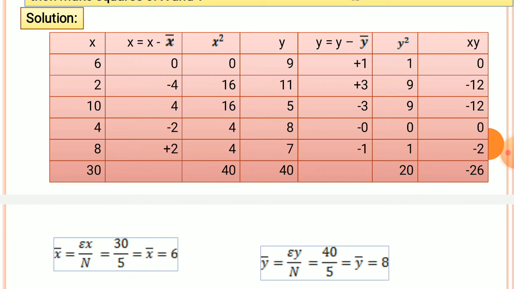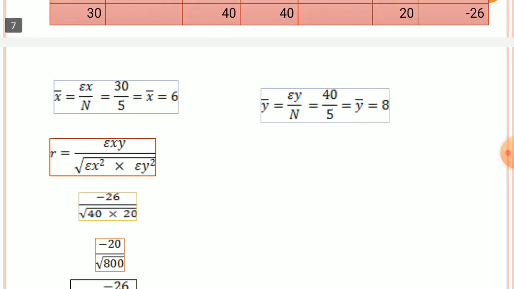Sigma xy is minus 26, sigma y square is 20, sigma y is 40, sigma x square is 40, and n is equal to the number of items, 5. Now apply the formula when deviations are taken from actual or arithmetic mean. R is equal to sigma xy by root of sigma x square into sigma y square.